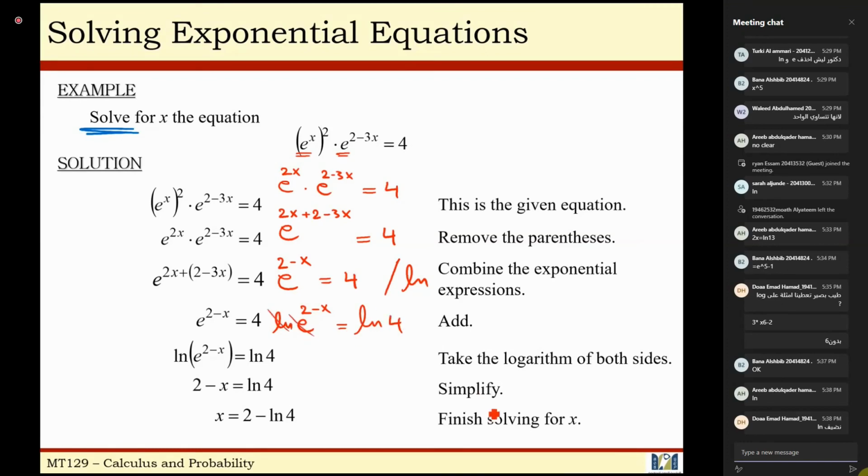Now remove e with ln, so we have 2 minus x equal to ln 4. Now we have x equal to 2 minus ln 4. This is the value of what? Of x. Okay? Any question?